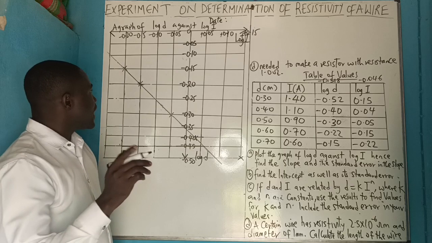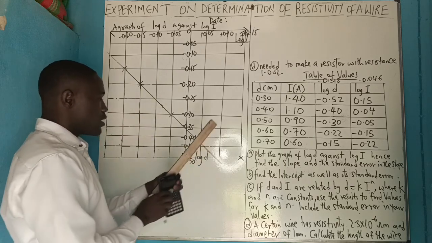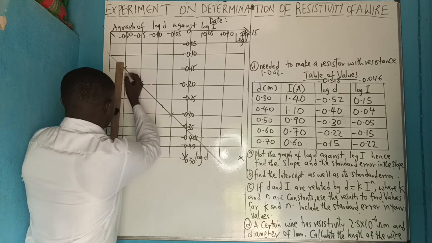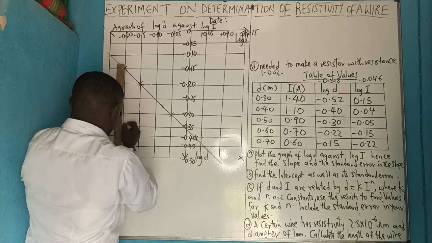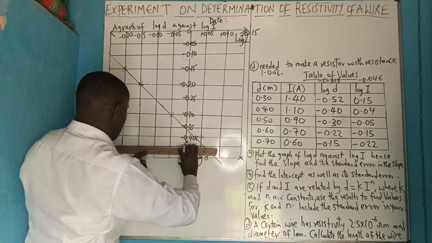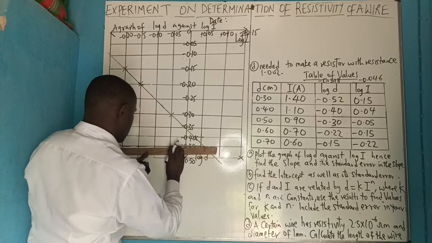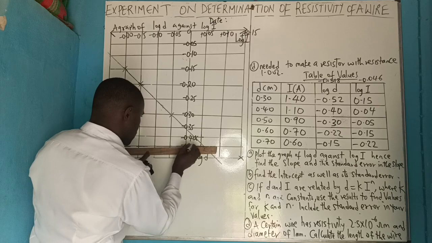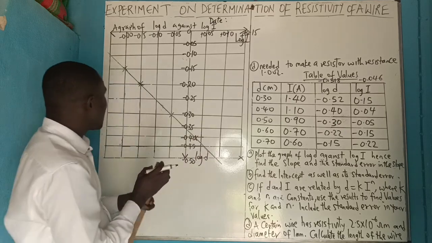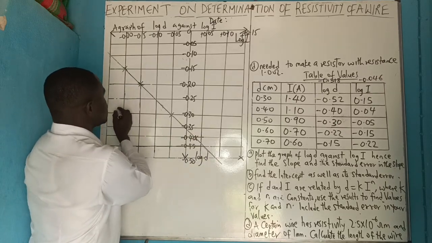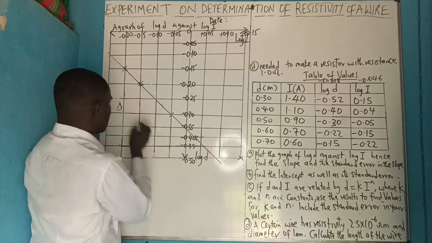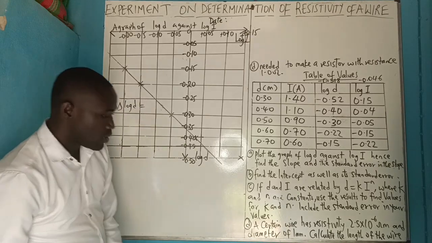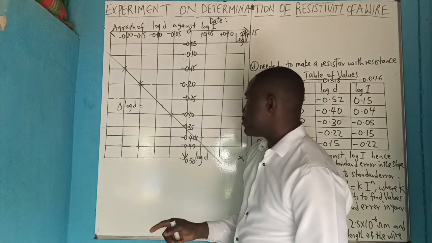Okay, now we take our slope. Now you say here is a change in log D equals to, look at how to take your slope.